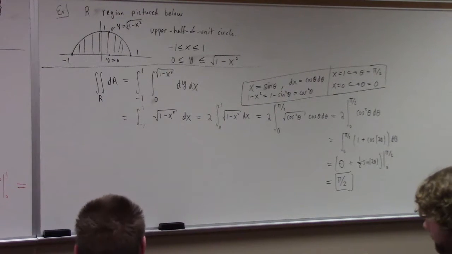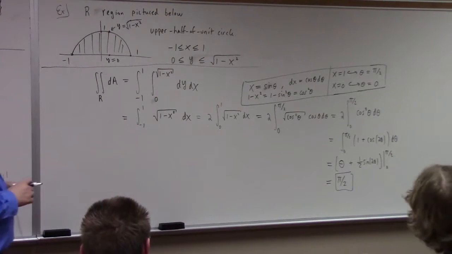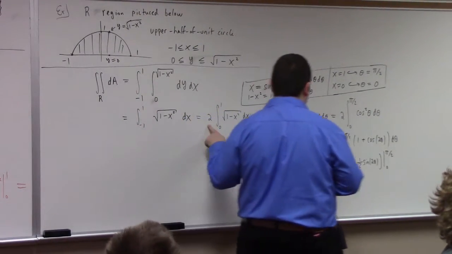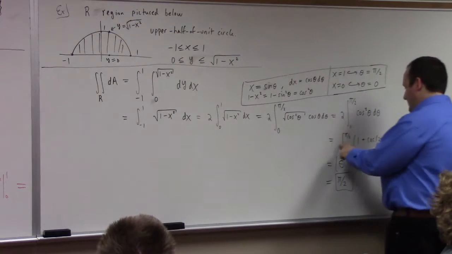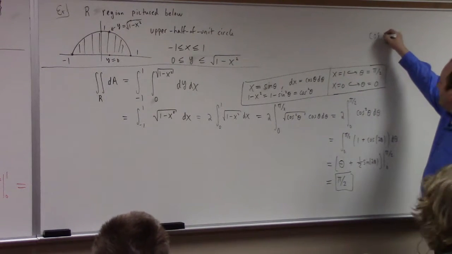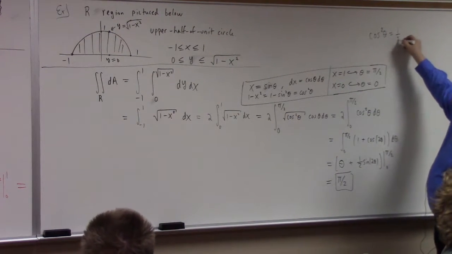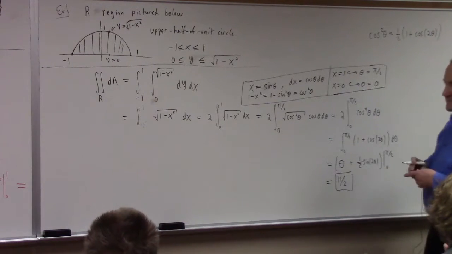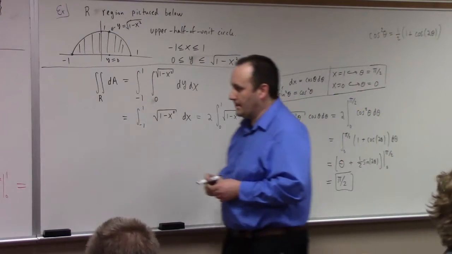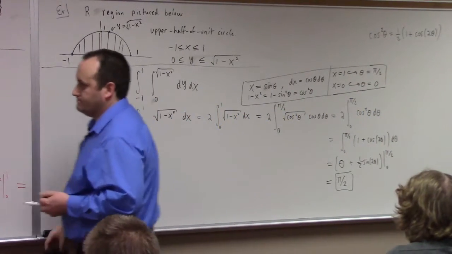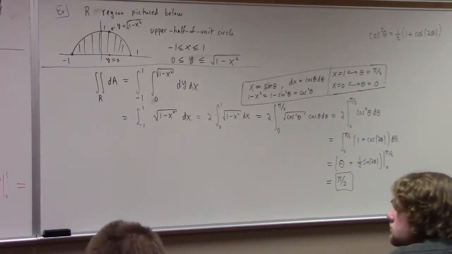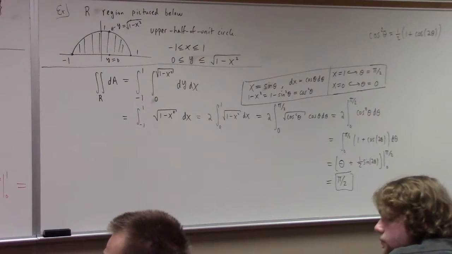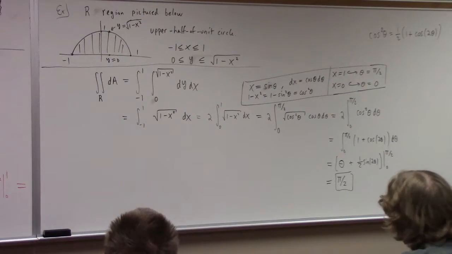What happened to the 2 at the beginning? Which 2 are we talking about? This is because cosine squared theta is 1/2. The reason that you can take the square root of the cosine squared as just cosine is because we're going from 0 to pi over 2, where it's positive.